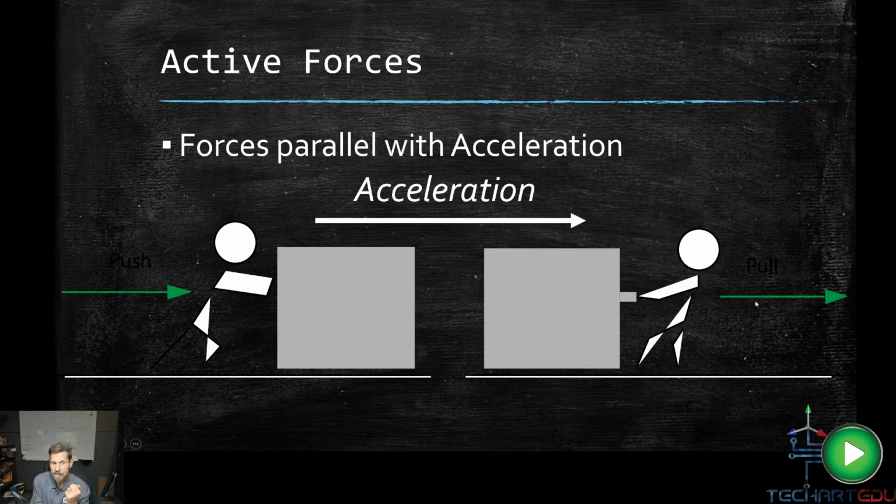Now notice that the change of the position is different between the pushing and the pulling. The guy is either in front of the object or behind the object. But notice that we have those two green arrows. Those are the active forces that are pulling against the object. And so those are the active forces and they stay the same. Okay, pushing and pulling. We got that. Very good.